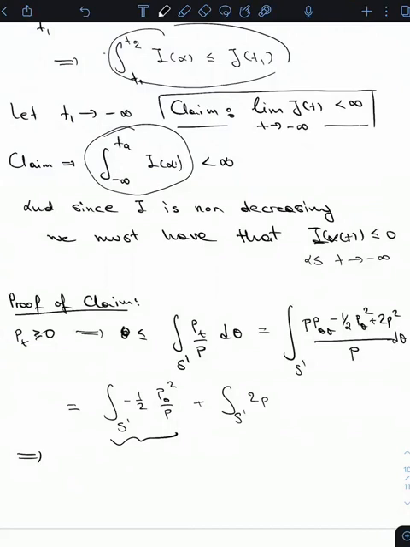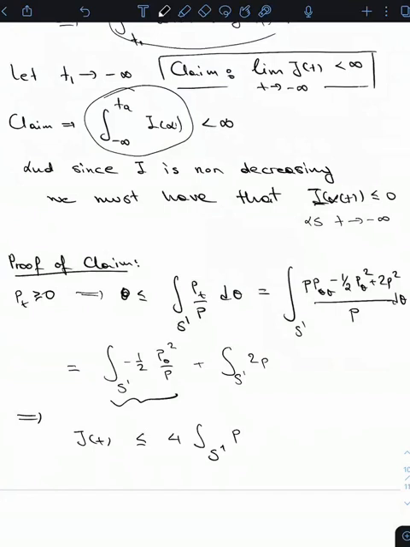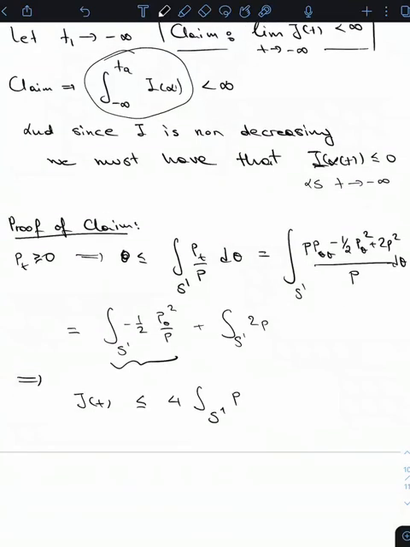If I bring it to the left-hand side, I get that J(t) is less or equal than 4 times the integral over S1 of P. But remember, P is kappa squared, and kappa is non-decreasing.